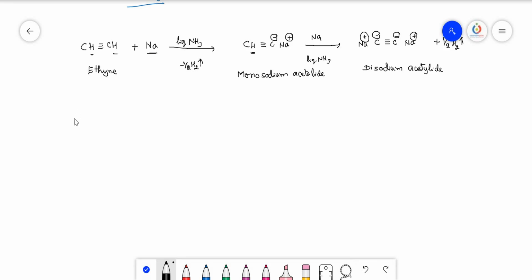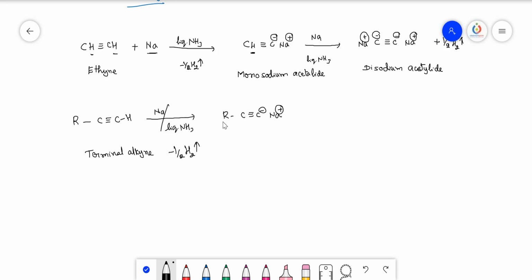Not only this particular molecule, you can take another molecule like this, which is a terminal alkyne. When the terminal alkyne is subjected to sodium and liquid ammonia, sodium replaces this hydrogen, so that there is liberation of half mole of hydrogen gas, and we get this particular molecule.